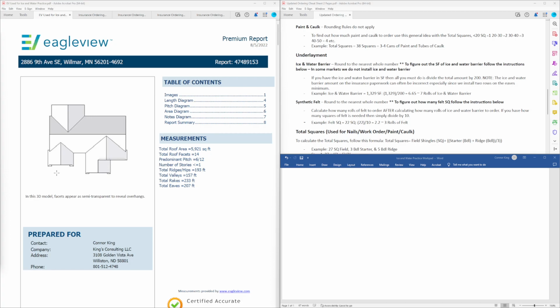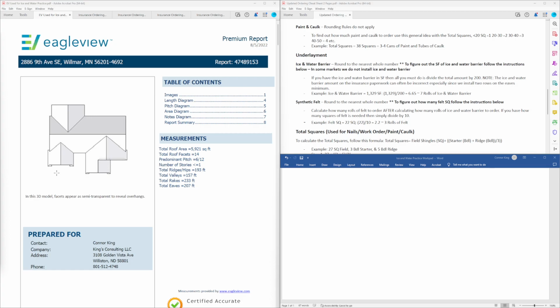You can sometimes try to use Google Earth or Google Maps to take a look at the roof and see if you can guess, but the best case scenario would be to go over and take a look in person and figure out what needs to be ordered, especially if you've already signed the job. You should just be doing that as soon as you finish up or before you even sit down with them. But we're going to go through everything else.